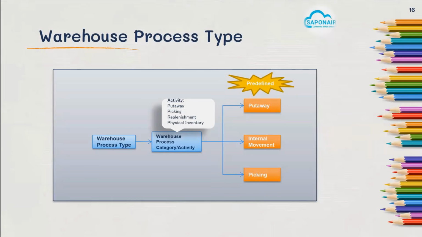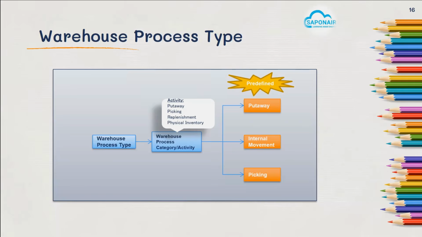Okay, so let us go back into the system and try to understand this. One process type will be used, like for put away, so it is only a put away warehouse process. The same process type cannot be used for picking. It is only one. You are telling the system what this movement is that you are trying to do. See, I receive the goods.